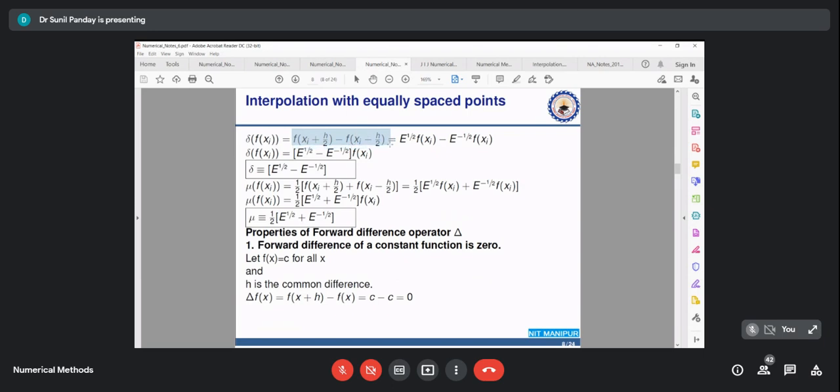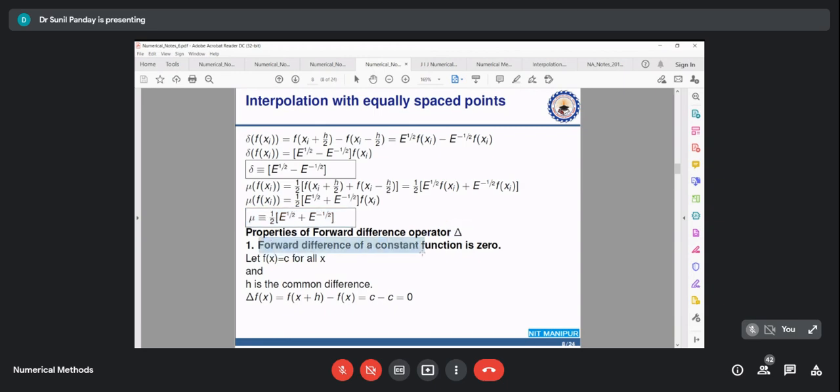But again, this can be rewritten by using the definition of the shift operator like this, and then we take this f of xi outside and we'll get this relation between the central difference operator and the shift operator. And in the similar way, we have the formula for the relation between the average operator mu and the shift operator. Now we will see some properties of the forward difference operator delta.